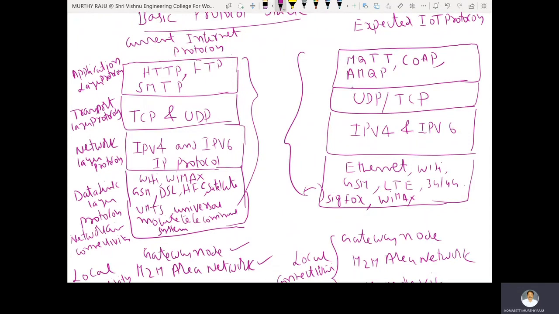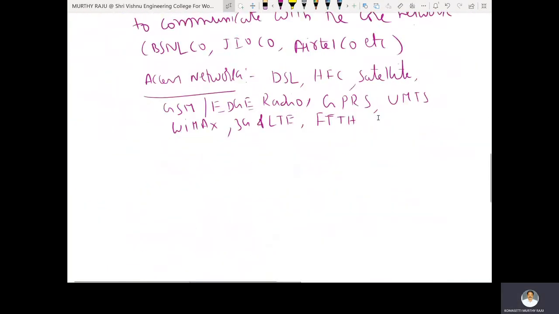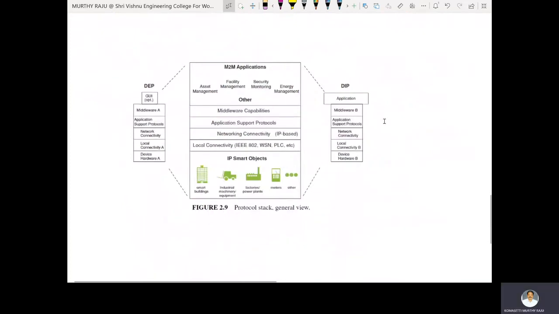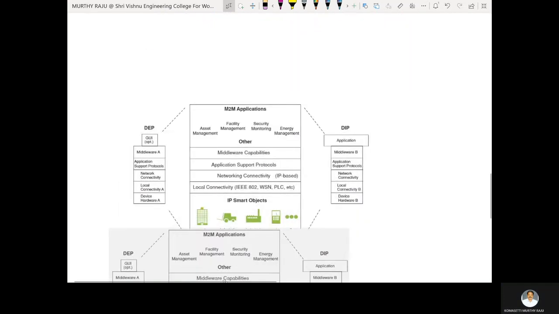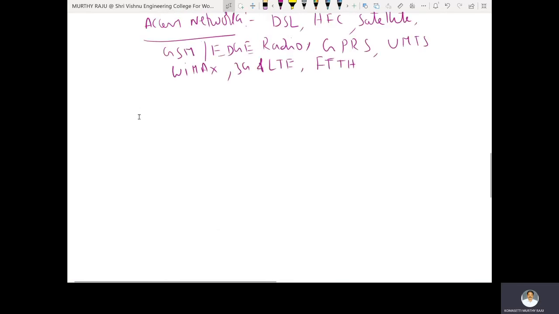Some protocols are modified here: MQTT, CoAP, and AMQP. First, we need some protocol stack for local connectivity and global networking connectivity.